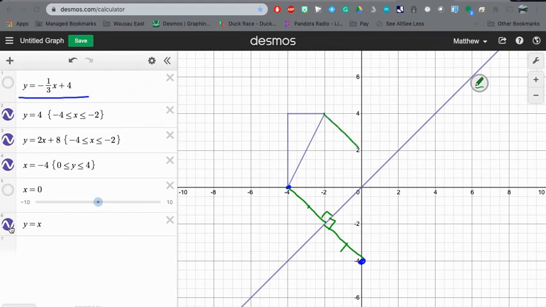2, 3, 4, 5, 6. So then go 6 on the other side. 1, 2, 3, 4, 5, 6. So there will be that point.